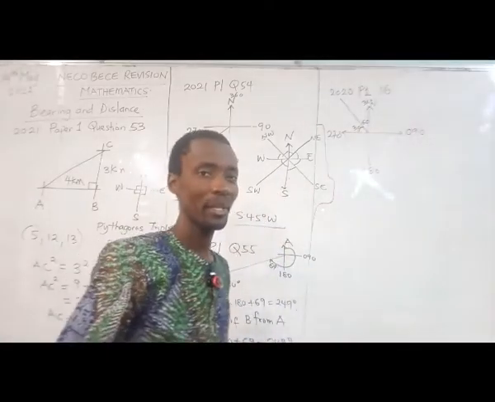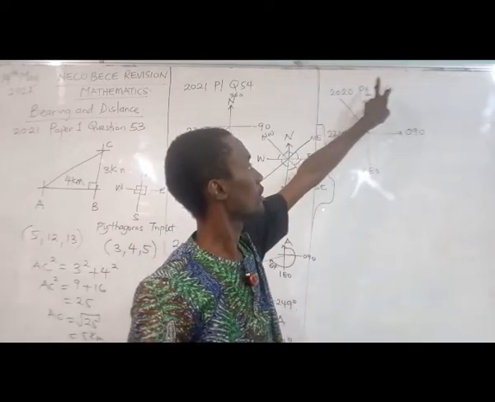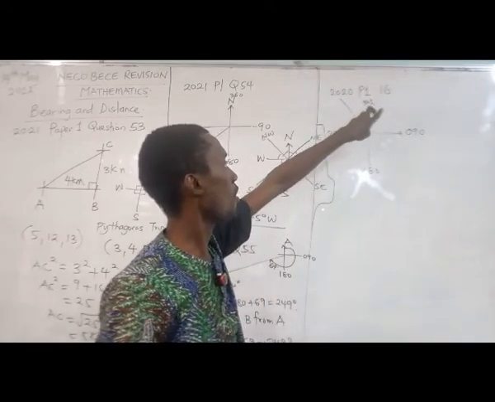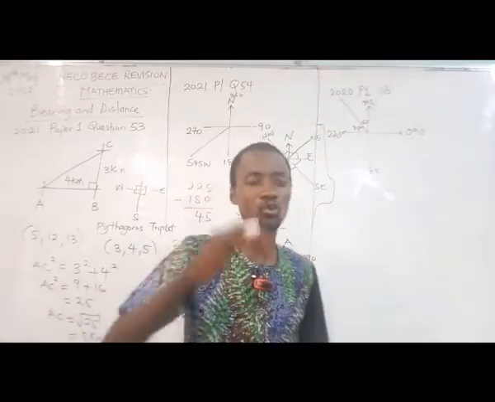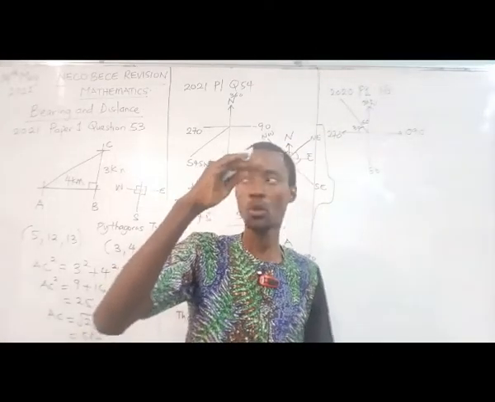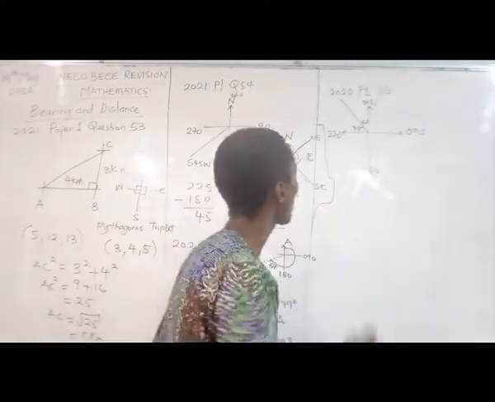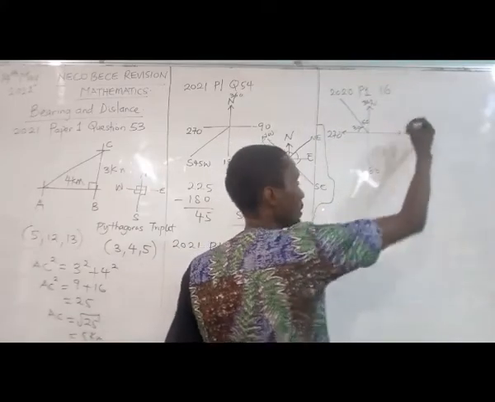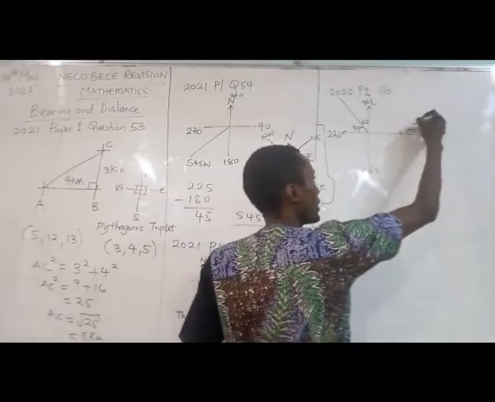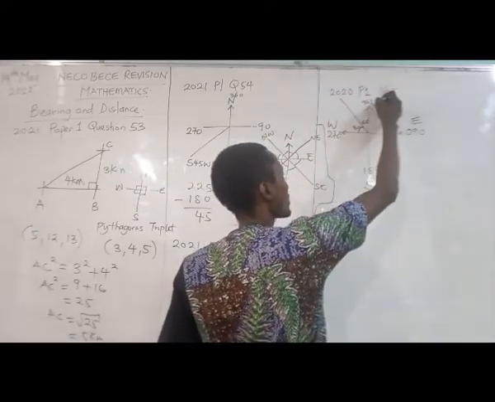But remember that for compass bearing, we have two reference points. We have the north and we have the south. So if you look at this, mirroring that in here, this is east, this is south, this is west, and this is north.